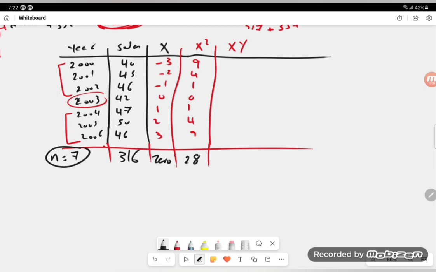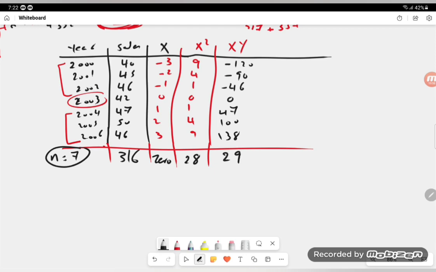Xy is negative 3 multiplied by 40, which is negative 120. Negative 2 multiplied by 45 is negative 90. And so on. So summation of xy is 29.